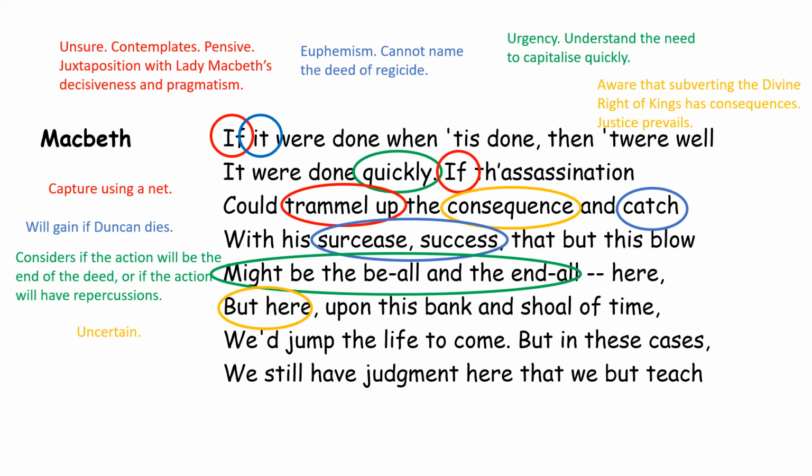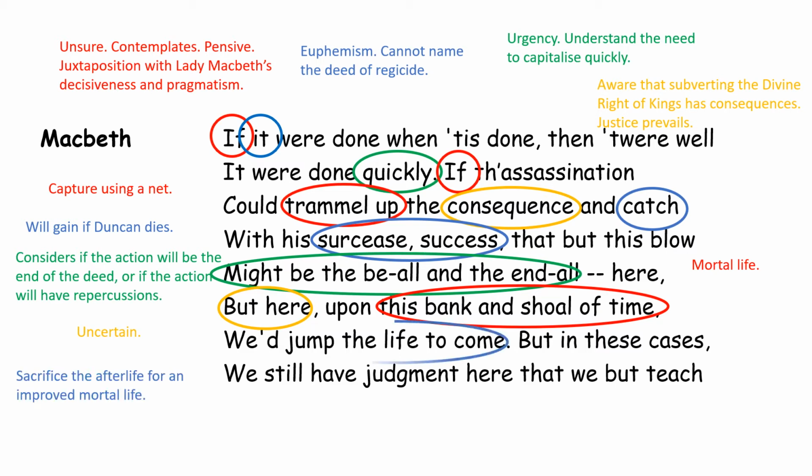So he says, "but here," and he's very clearly suggesting that here, right in this very moment, upon this bank and shoal of time, this mortal life that he's living, this moment right now, "we'd jump the life to come." And what he's suggesting is that if he were to kill the king, he would be sacrificing his afterlife for an improved mortal life.